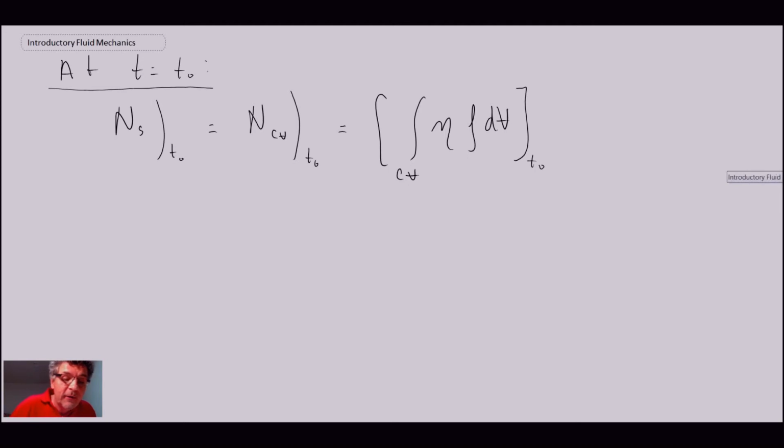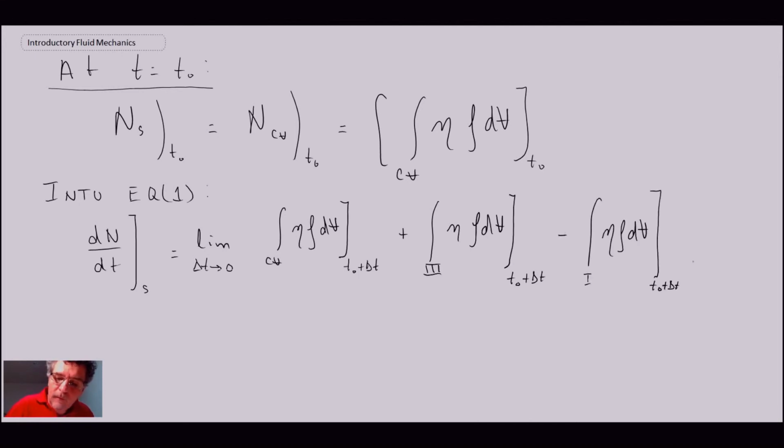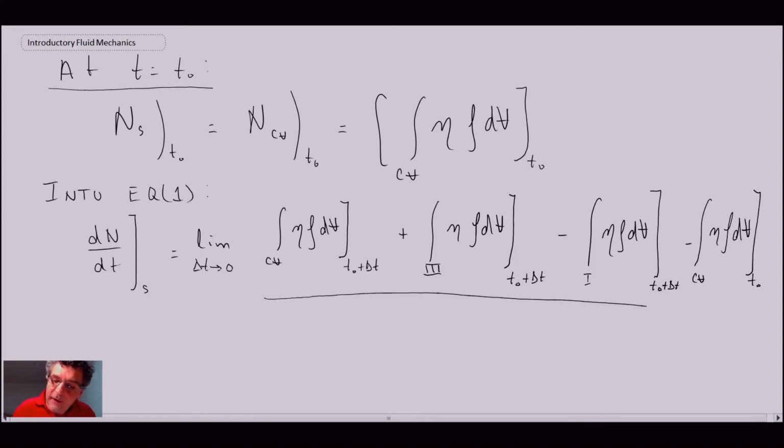Now I'm going to take these and plug them back into equation 1, all divided by delta t. What you can see is we have a bit of a mix of things at t0 plus delta t: some things over the control volume and some things of region 1 and region 3.